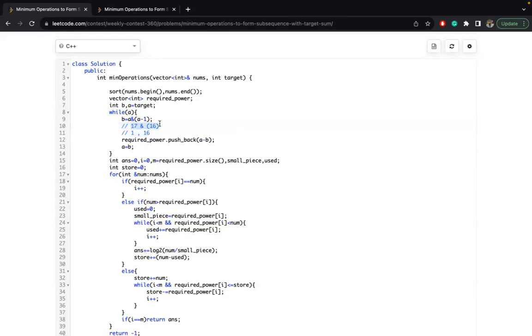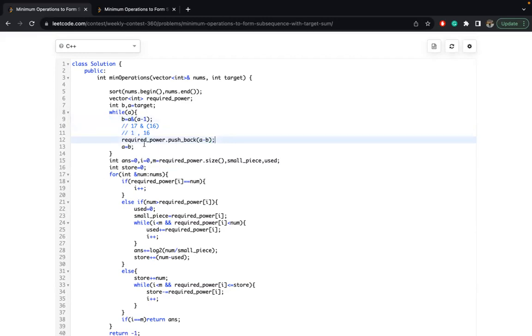If you do this AND operation, then you will get the value excluding the least significant digit. So B is excluding the least significant digit, and if you subtract this excluded value from the original number, you will get the least significant digit, and then you can update the value where you have removed the least significant digit, and then you can do this in a while loop.